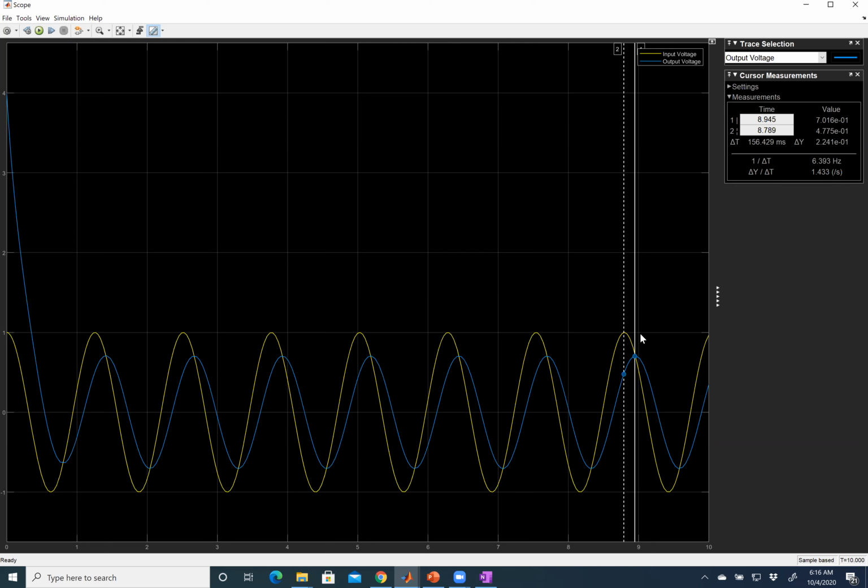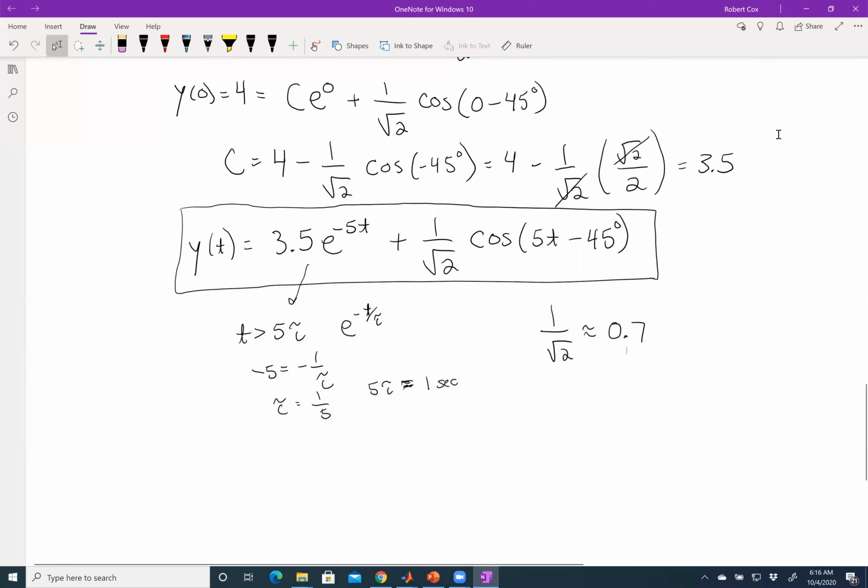How do I check that? In the real world, I measure the time difference. The time between cursor 2, the peak of the input, and cursor 1, the peak of the output, is 156.429 milliseconds. I can convert that to angle because omega t is always an angle. So omega delta t equals a delta angle.